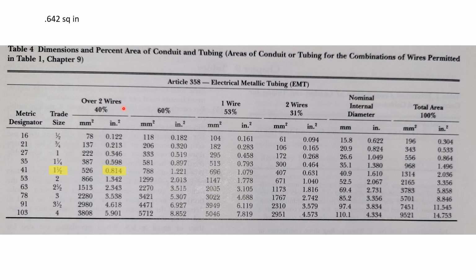Remember, it's more than 2 wires, and it's longer than 2 feet, so we can't use the 60%. We're not using 1 wire, we're not using 2 wires, we're using over 2 wires. So we go with 40%. We're looking for something 0.642 square inches or bigger. We go down until we hit a number bigger than 0.642. There it is, 0.814. An inch and a half EMT is what we need in that scenario.